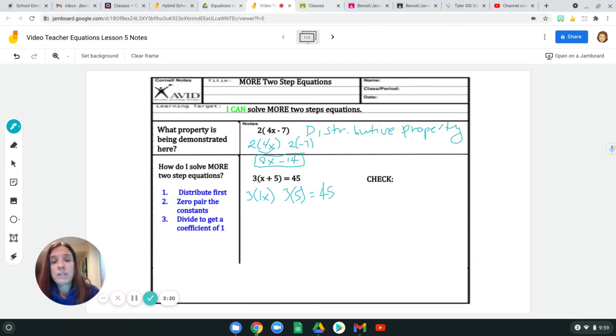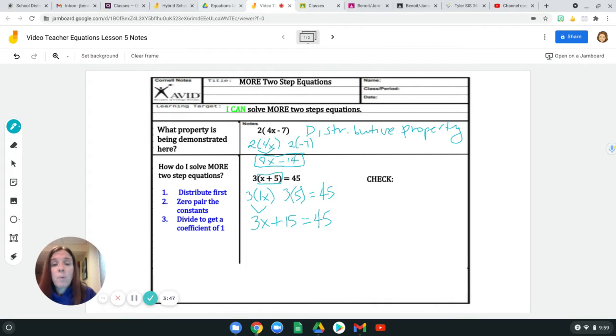The 45 was not in the parenthesis, so it is not part of the distribution. Plus, it's on the other side of the equation, okay? So you only distribute to what's in this parenthesis here. 3 times 1x is 3x. 3 times 5 is positive 15, and that's equal to 45.